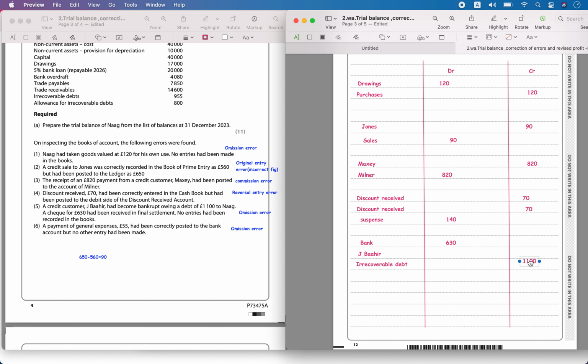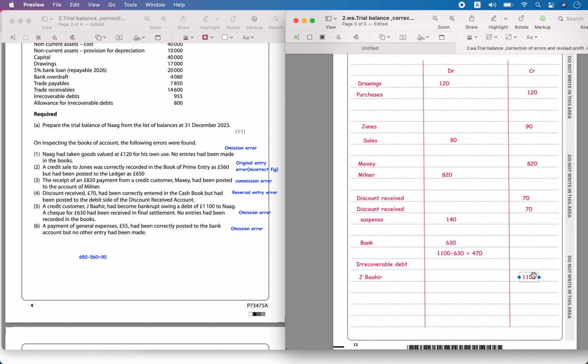Then the remaining J. Bashir, I will have to write it as 1100 minus 630, that is equal to 470. That is the value which you will enter in the J. Bashir account.